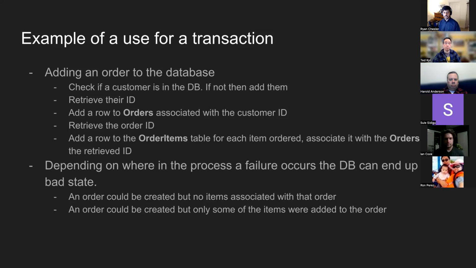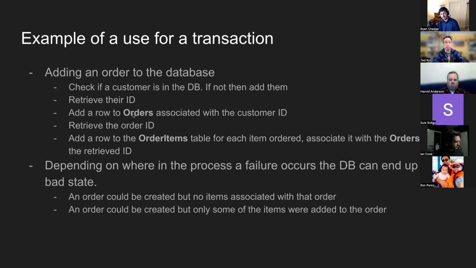And so this part at the end is explaining the various ways that that can go wrong, and you can get in this sort of corrupted state of your database. So depending on where it fails, something weird can happen. So for example, you could have it end right after it adds the order ID.